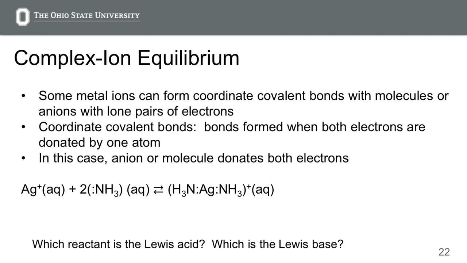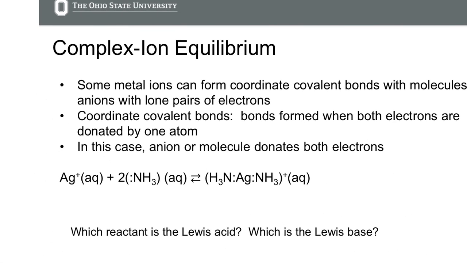Okay, so we may have seen this equilibrium show up in our acid-base chapter, possibly, where we have silver plus ammonia forming the silver ammonia complex. And in this case, the Lewis acid is our silver ion, the Lewis base is the ammonia.